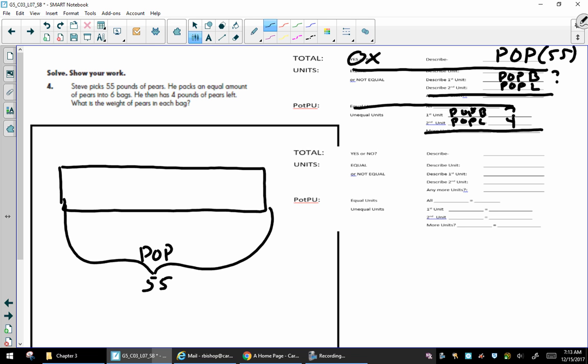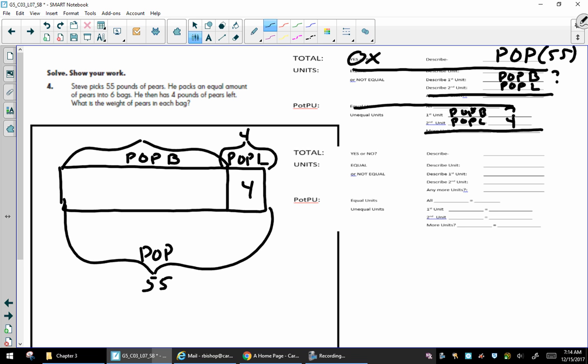We have pounds of pears left, so I'm going to put that over here, P-O-P-L, and there's 4 of them. I can even put that in there because that's not going to change. Okay, and then we have pounds of pears in bags.